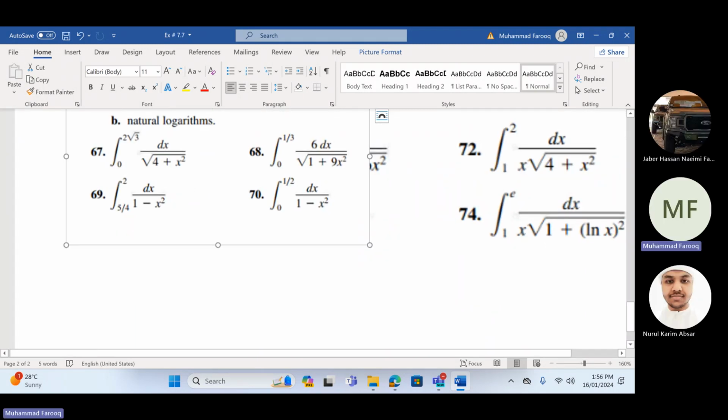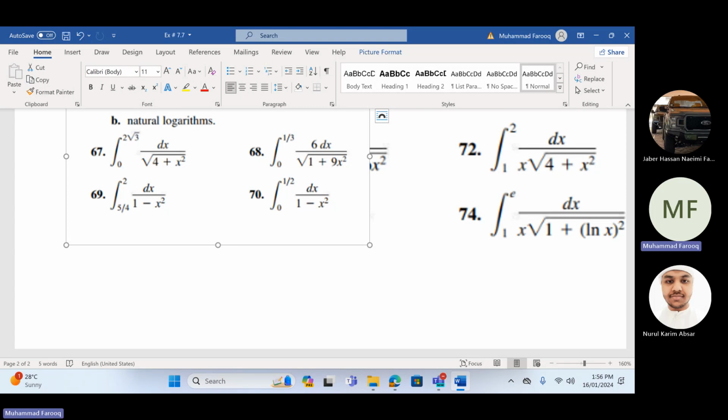Question 68, use substitution. I already explained how you start the question. First of all, we have to make the x squared coefficient 1. Right now the x squared coefficient is 9.